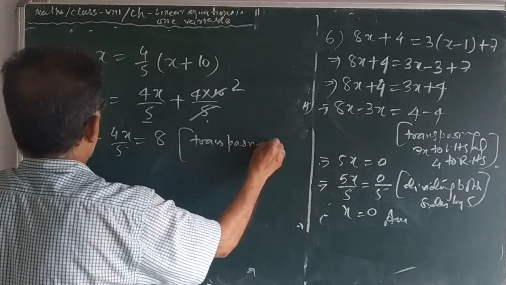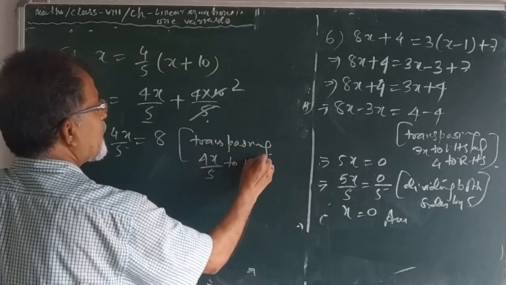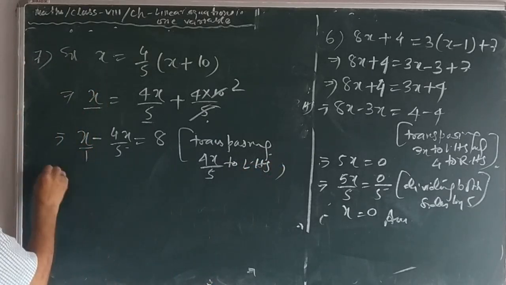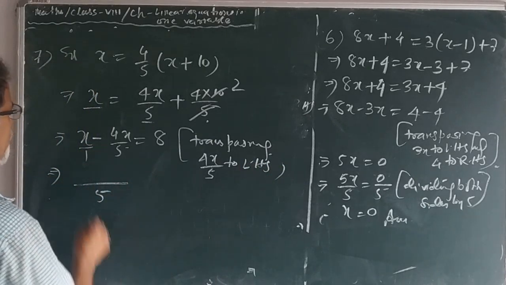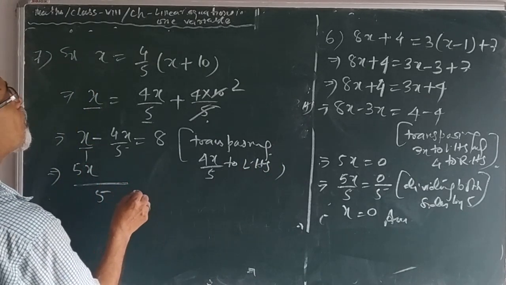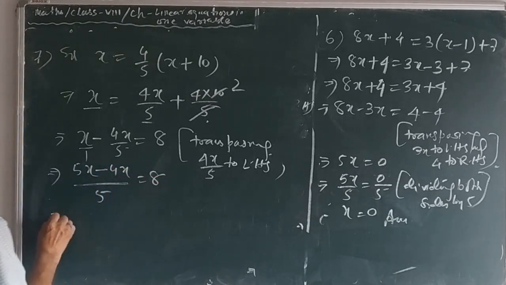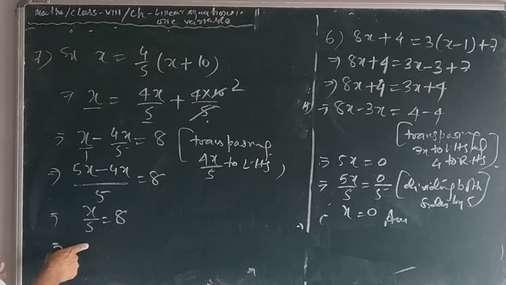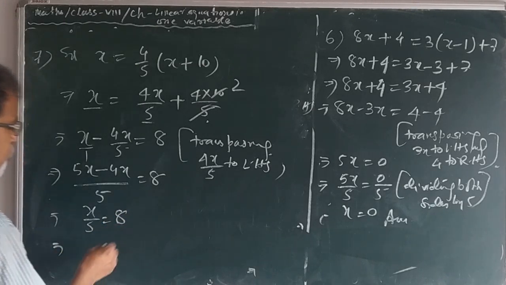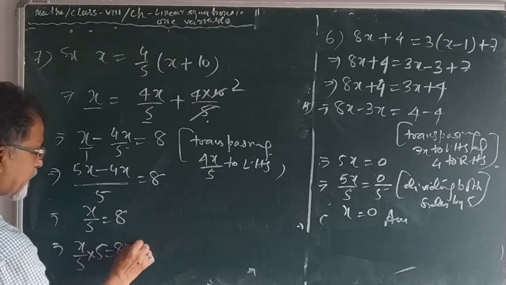Transposing 4x by 5 to LHS. Now here we will find the LCM of 1 and 5, which is equal to 5. 5x minus 4x equal to 8, so x by 5 equal to 8. x is divided by 5, so to remove 5 we will have to multiply both sides by 5. x by 5 into 5 equal to 8 into 5.